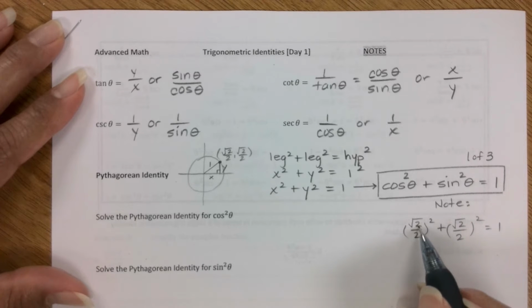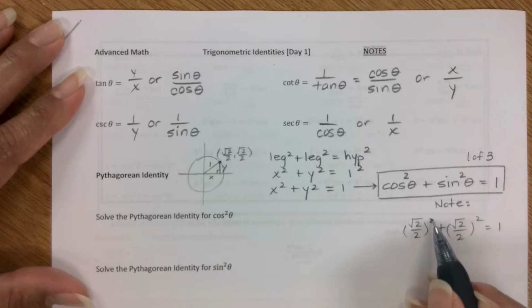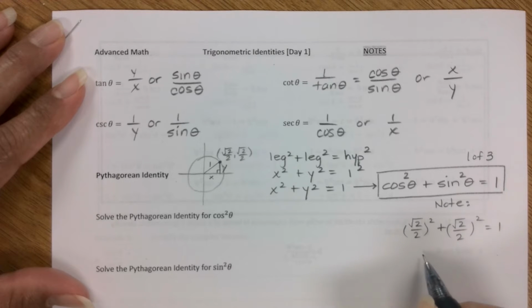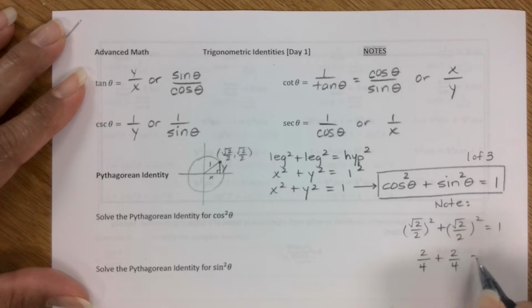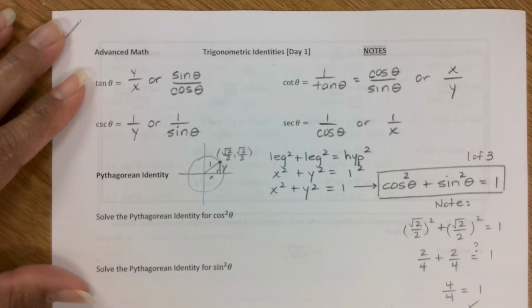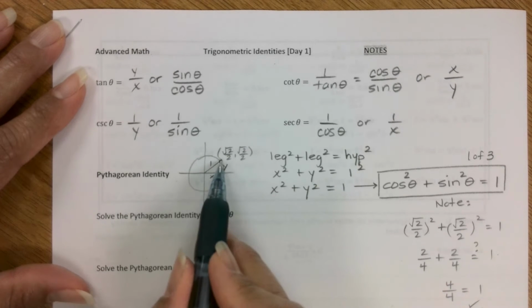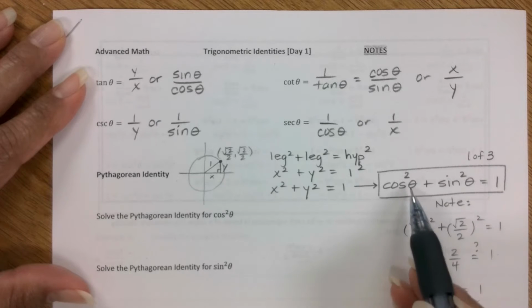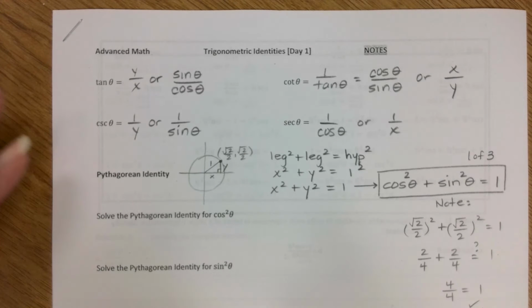Well, the square root of 2 to the second power is just going to be a 2, and 2 to the second power is going to be a 4, and that's the same thing. And we are checking to see if it's going to equal 1. Well, 2 plus 2 is 4 over the common denominator of 4, and 1 indeed is equal to 1. So any of the points on the unit circle will satisfy this equation.